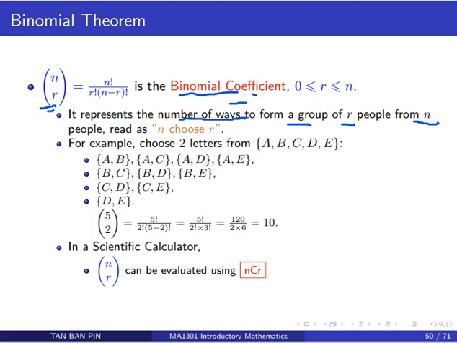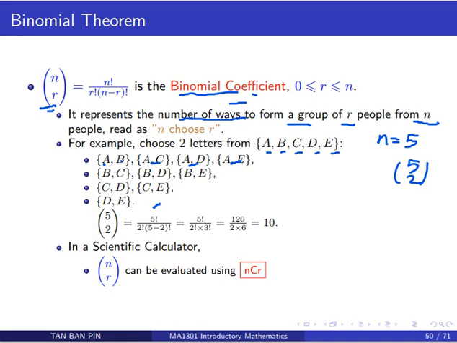Let's take the case when n is 5. If there are 5 letters A, B, C, D, E, look at 5C2. Why choose 2? It means among the 5 letters, you try to choose 2 letters. If you list out the possible ways, it can be A and B, A and C, A and D, A and E, B and C, B and D, B and E, and so on.